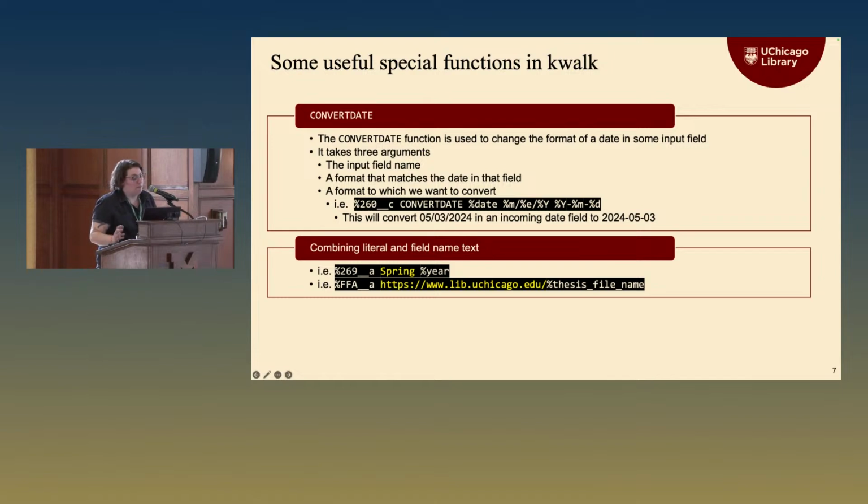Another one is combining literal and field name text. So in this example, the literal text would be spring, and then the field name, you might have various years in the upload data. Also, a very useful example would be, as I mentioned, the syntactically correct URLs. You would have the same leading URL here, and then various file names, which you could put in the spreadsheet for upload.